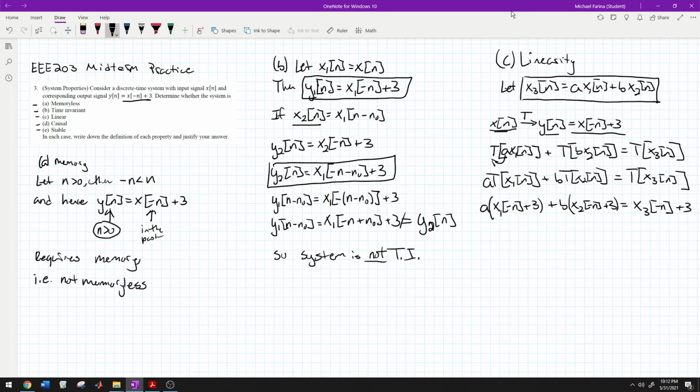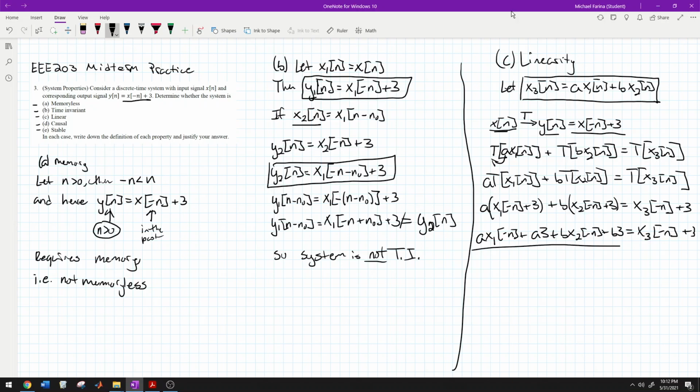Let's make a line here so we can see: we get a x1 of negative n plus a times 3 plus b x2 of negative n plus b times 3, and that's equal to x3 of negative n plus 3.